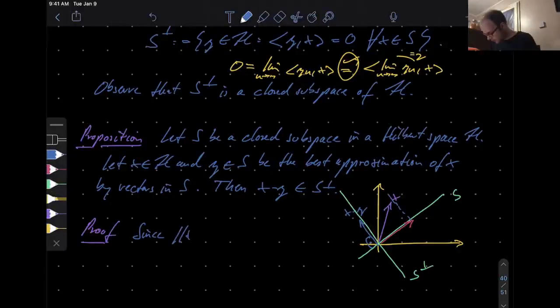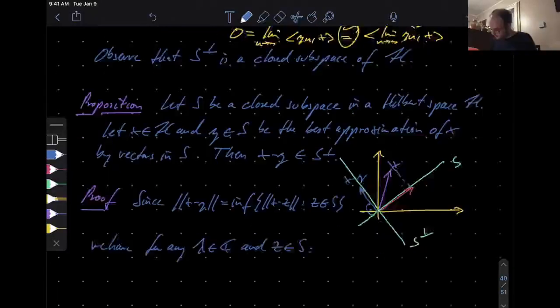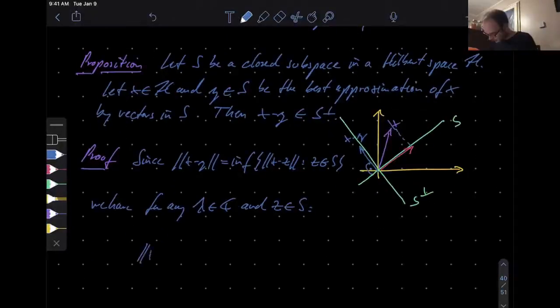X minus Y is this minimizer, so infimum over all these differences where Z is in S, we have for any lambda in C and Z in S that norm of X minus Y is at most norm of X minus Y minus lambda Z, right?